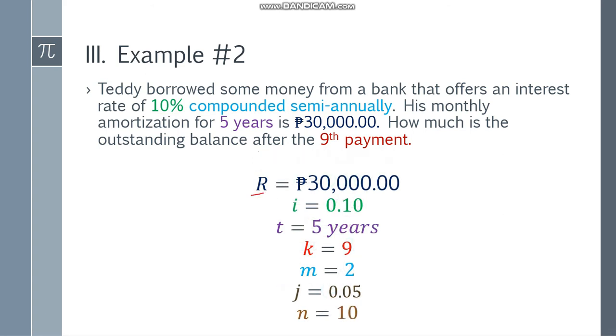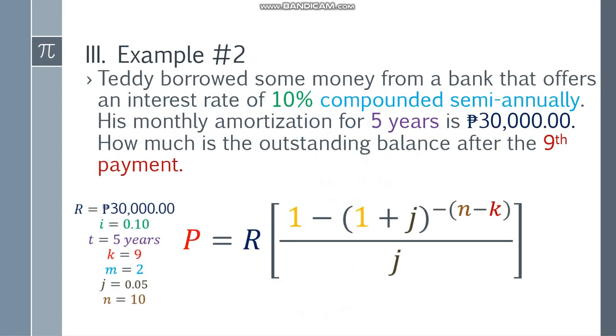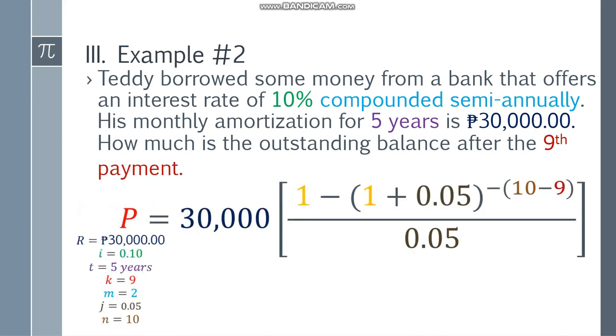Since we already have the given completed, let's place the formula. R is 30,000, J is 0.05, N will be 10, K will be 9, and J is also 0.05. Substitute the values, and again, if you're going to input it in the calculator, make sure you use brackets or parentheses.